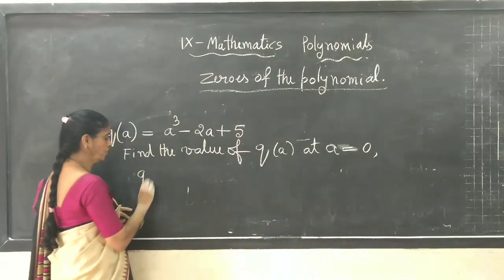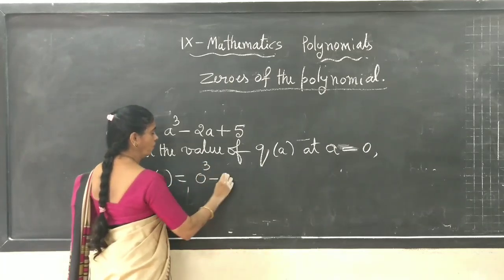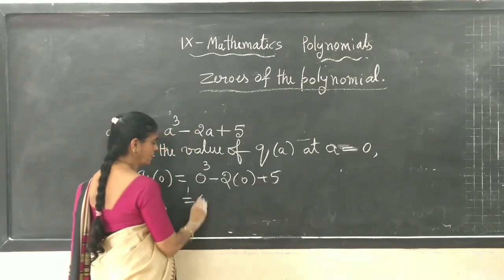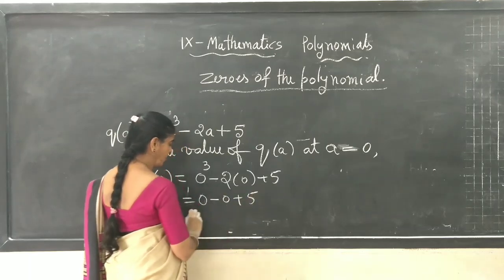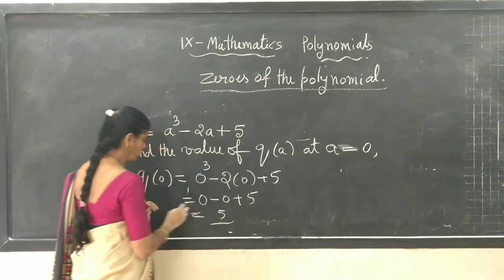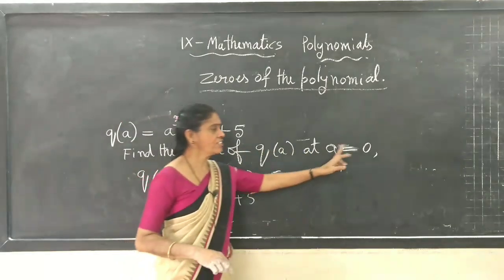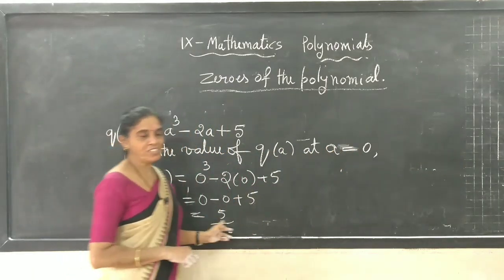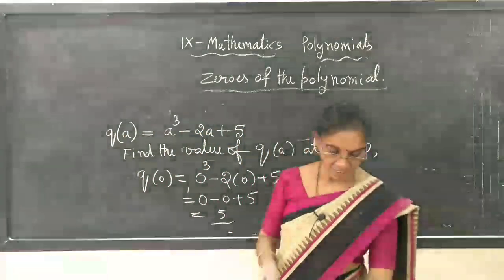Now q(0) is equal to 0 to the power of 3 minus 2 into 0 plus 5. 0 to any power is 0, minus 2 into 0 is always 0, plus 5. 0 has no value, only the number 5 has the value 5. So the value of the polynomial q at a equal to 0 is 5. So in this way we can find the value of the polynomial.